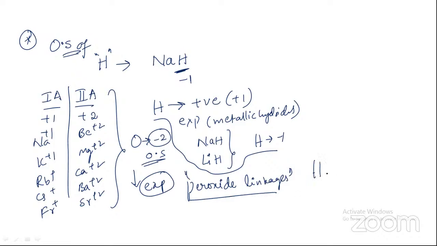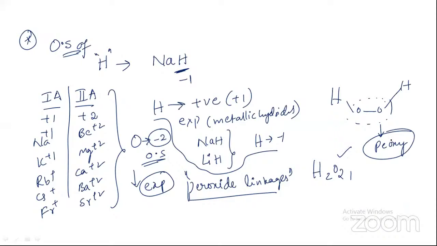How, sir? H2O2. In this case the oxidation state will change. HOOH. If you see, this linkage is called a peroxy linkage. What are you going to call it? Peroxy linkage. Clear, everybody? Whatever linkage you are seeing here, peroxide linkage.